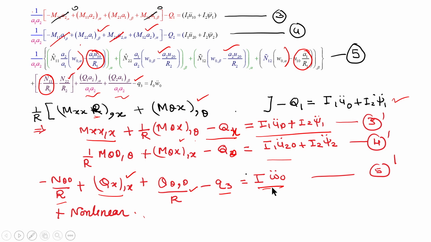So, in this way we have deduced the governing equations for a cylindrical shell. In some of the books, for thin cylindrical shells, those equations are deduced and problems are solved. But they are very special ones.